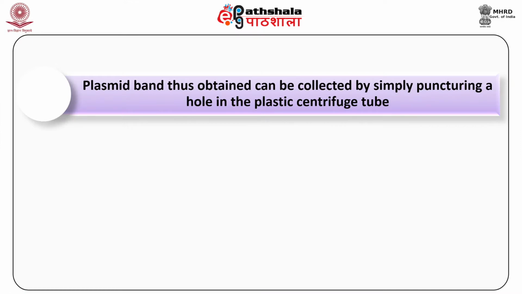This can be achieved by ultracentrifugation using cesium chloride, called density gradient, where it yields a distinct band in the presence of ethidium bromide. The plasmid band thus obtained can be collected by simply puncturing a hole in the plastic centrifuge tube.